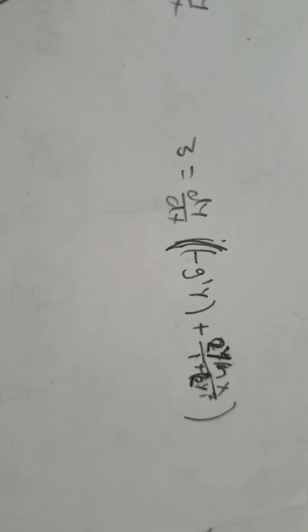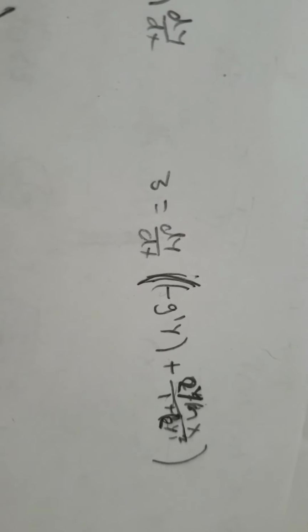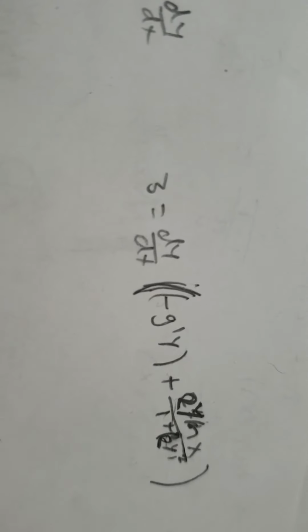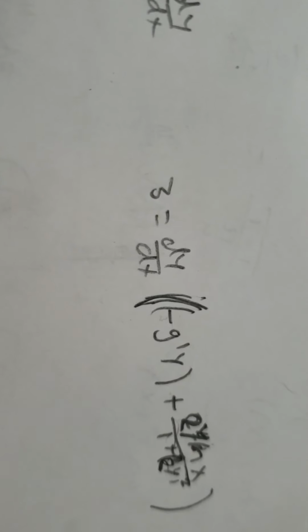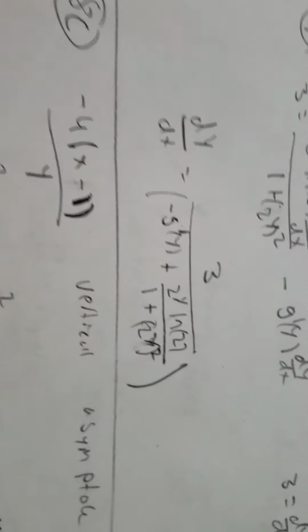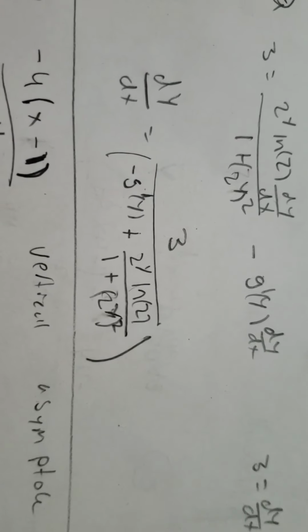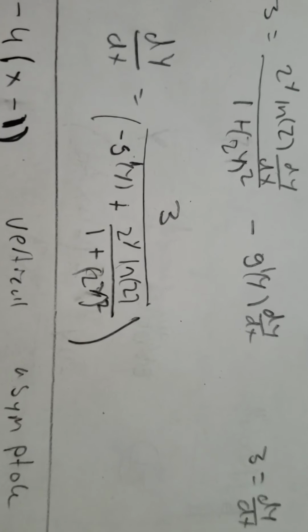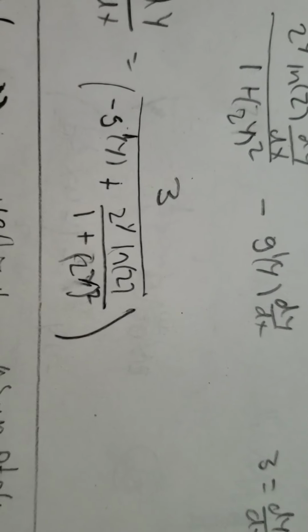Pull out the dy over dx, and you get 2 to the y times ln of 2 over 1 plus 2 to the y squared, minus g prime of y. Divide both sides by that, and you get dy over dx equals 3 over negative g prime of y plus 2 to the y ln of 2 over 1 plus 2 to the y squared.